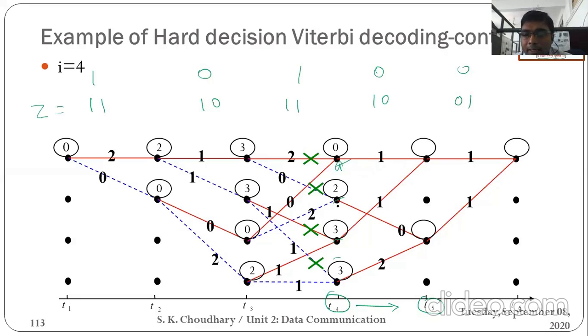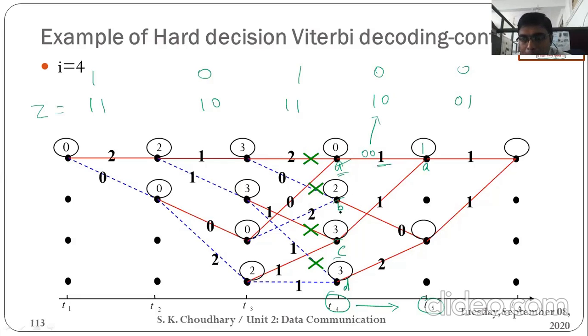You are at A, B, C and D. At A receiving the input 0, you stay on the same state A. The output for this condition is 0 0. Compare this 0 0 with this 1 0. Your Hamming distance is 1, so you write 0 plus 1, 1.